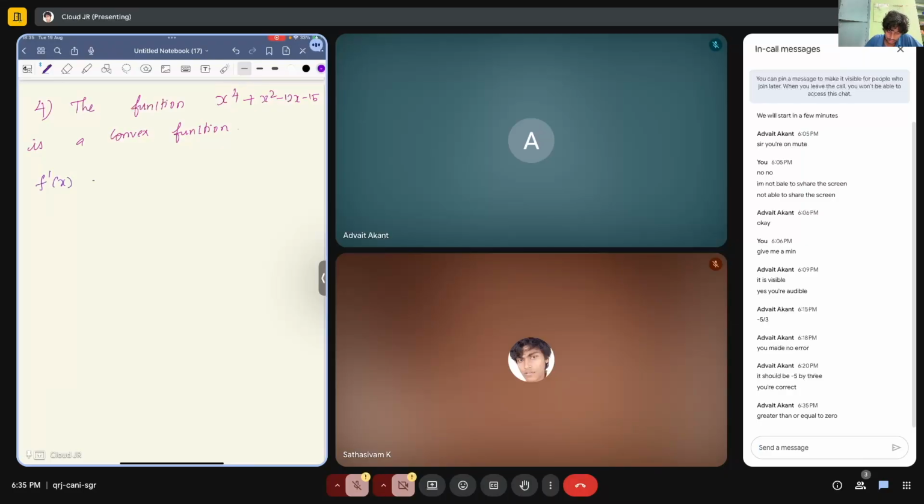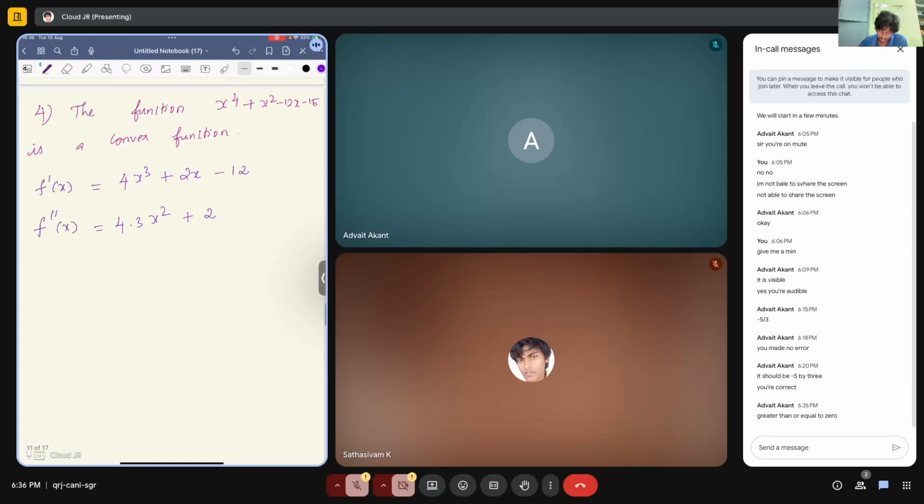This is nothing but 4x cube plus 2x minus 12. So let's find f double prime of x. It is 4 into 3 x square plus 2.